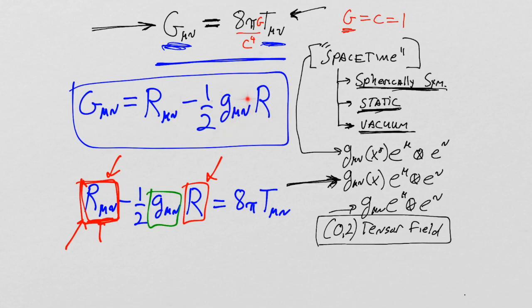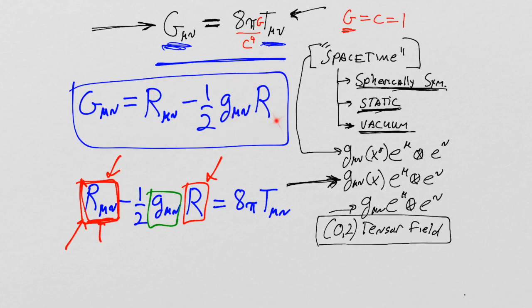But you'll notice that there is this term in here, and it turns out that it enforces spherical symmetry and staticness. We're going to spend some time enforcing spherical symmetry onto the metric, and ultimately you'll see that the Riemann curvature tensor, just like the metric connection, is ultimately defined in terms of the metric.